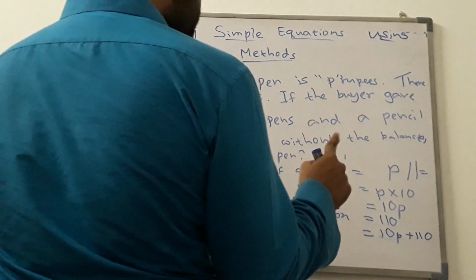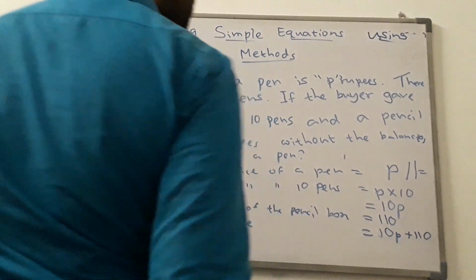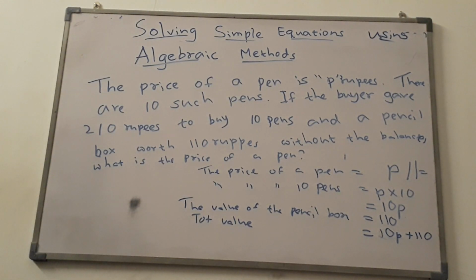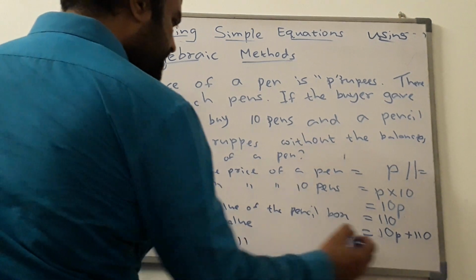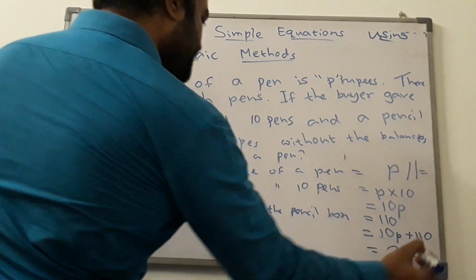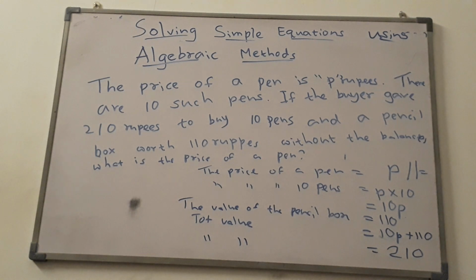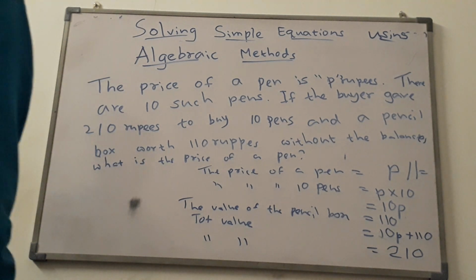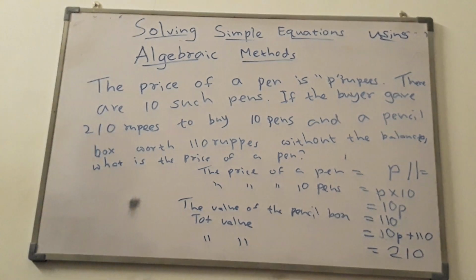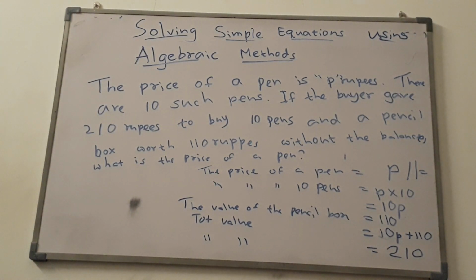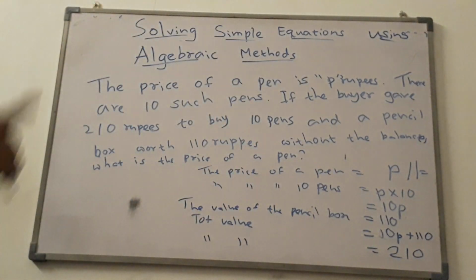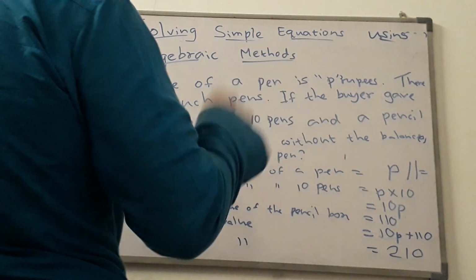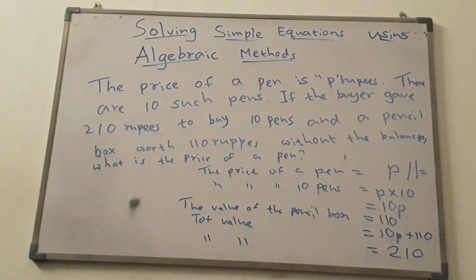And it is also said the total value is equal to 210, since the buyer gave 210 rupees to buy 10 pens and a pencil box worth 110 rupees. So 210 is the total value of 10 pens and the pencil box.